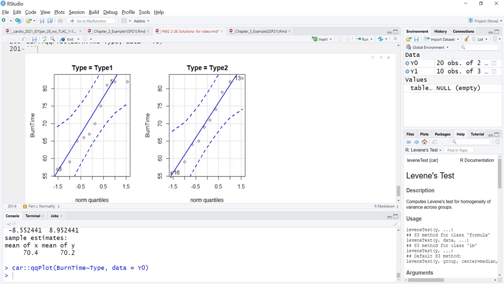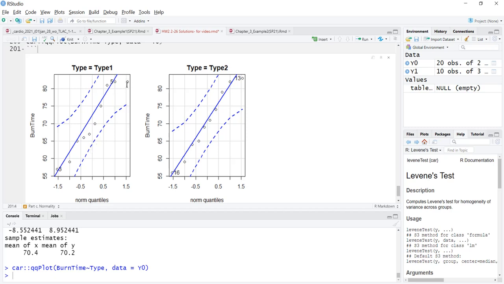That shouldn't happen. Over here for type 2, the normality assumption is a lot better. These points float around this line a lot better. Here, they usually don't float off to the above the line. They usually float below the line, and we have these 2 points here that are further away from the line in the middle than I would like, but it's still not outside of the confidence level.